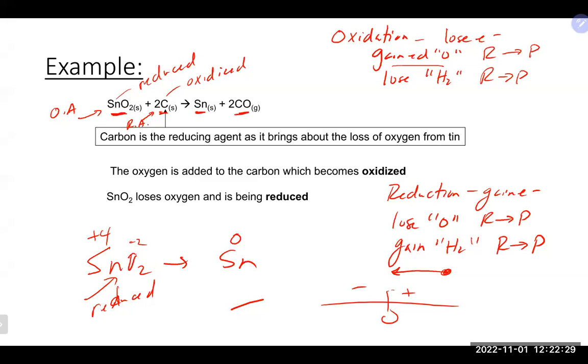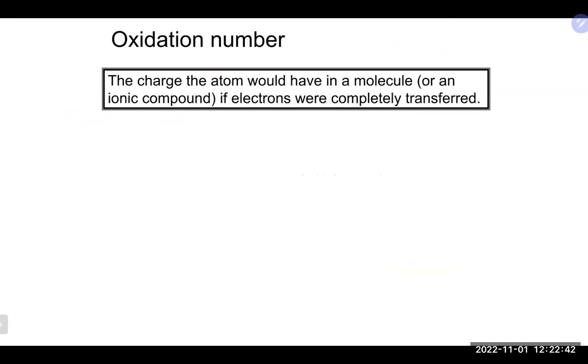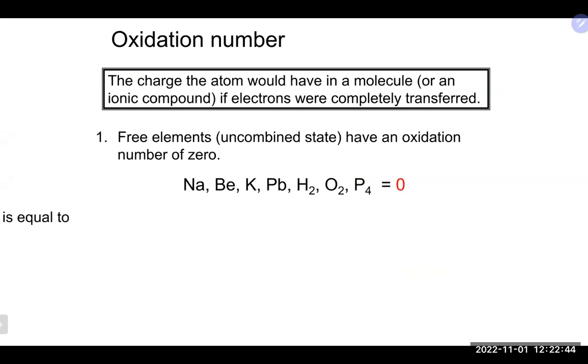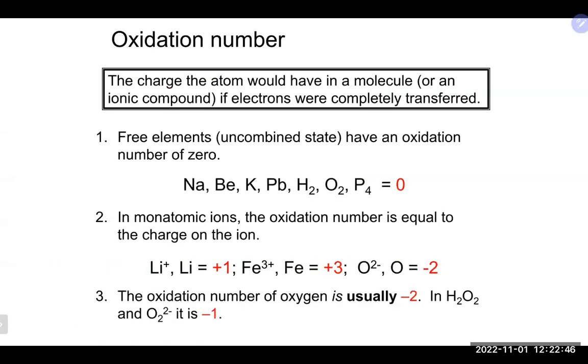So what really helps us determine what is being oxidized and what is being reduced is the oxidation state or oxidation number. So let's talk about, again, the rules to properly assign oxidation number or oxidation state. This is sometimes referred to as state as well.